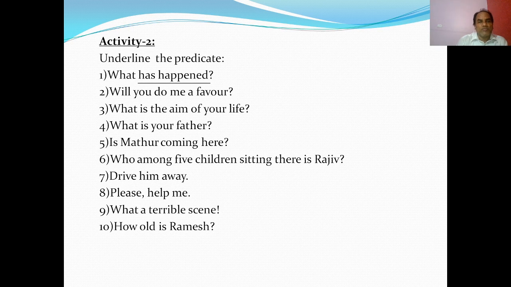Will you do me a favor? You see, the subject is you. Do me a favor. Will do me a favor is the predicate. The subject is you. What is the aim of your life? The predicate is is, and what is the aim of your life is the subject.